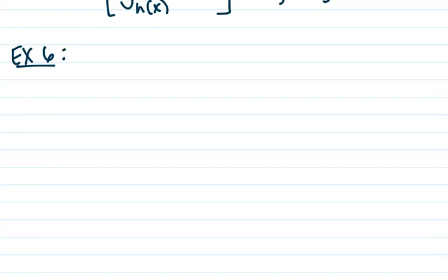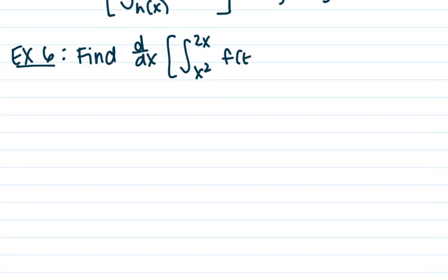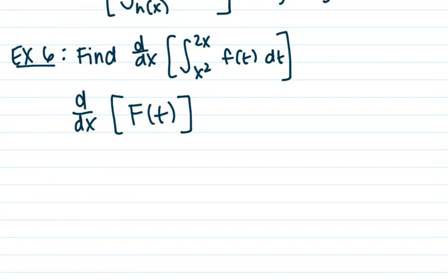Okay, let's see here. So find the derivative with respect to x of the integral that goes from x squared to 2x of f of t dt. Okay, so this is just going to be the derivative with respect to x of the antiderivative function evaluated from, and I'm going to use colors here.